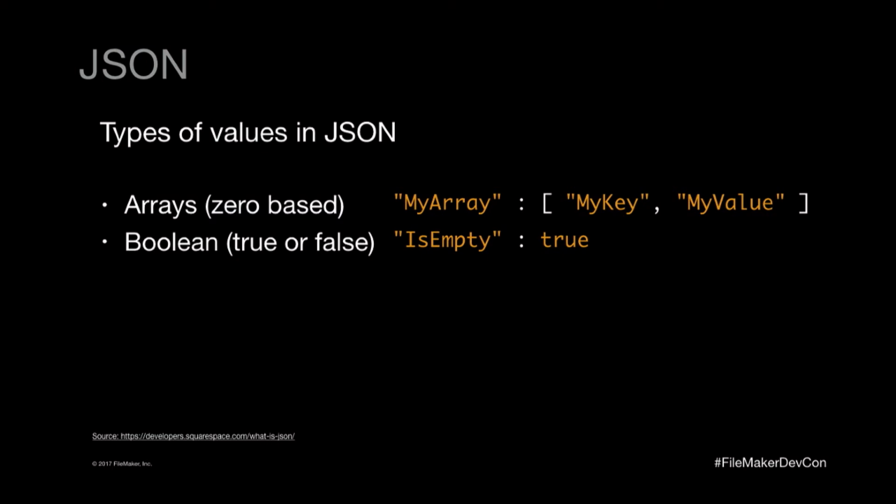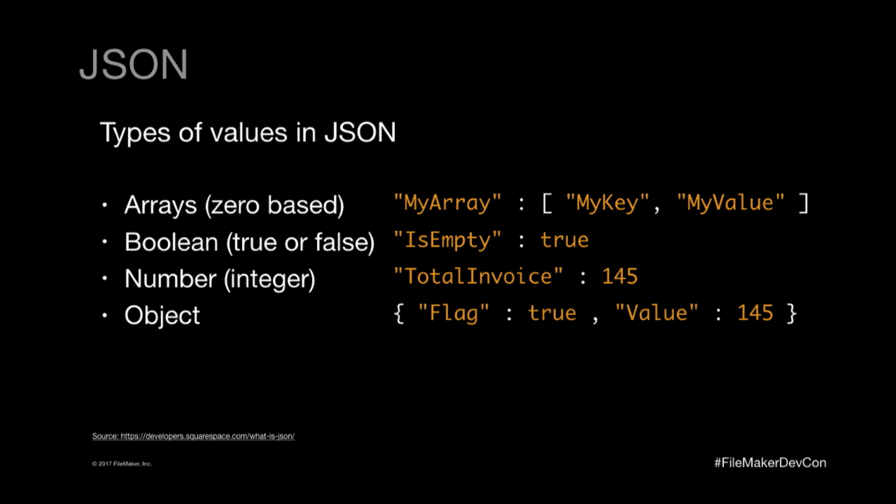Check that when you use true or false, you don't use quotes. It's only the word true or false. We have numbers. They also don't need quotes. And we have objects. We can have nested objects in a JSON element, so we can have JSON inside of JSON. Strings, now we need quotes in both the key and the value.